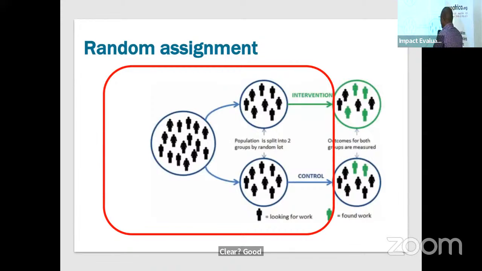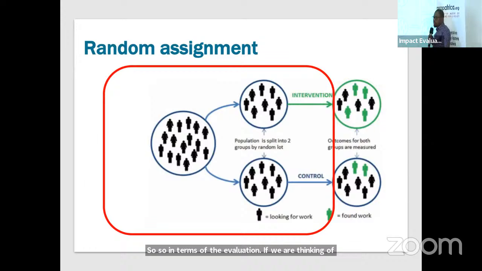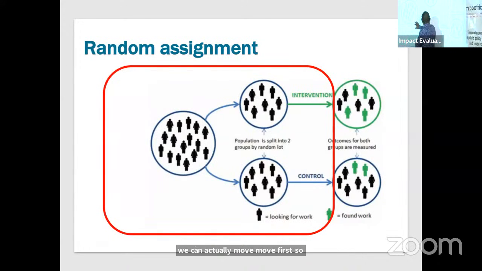So in terms of the evaluation, we talked about this when we covered the way we do random assignment. It's exactly the same. I'm drawing your attention back to it so that we can move fast. So here is the population.